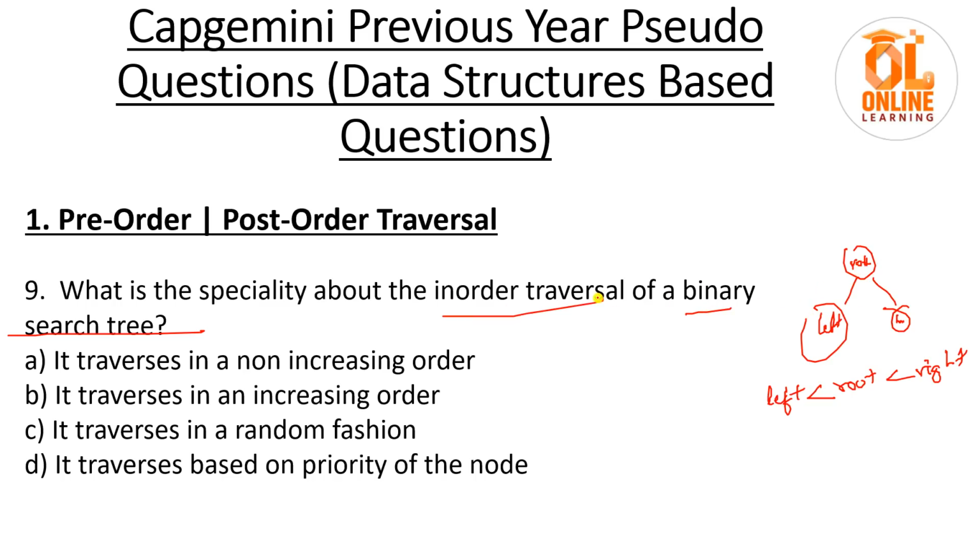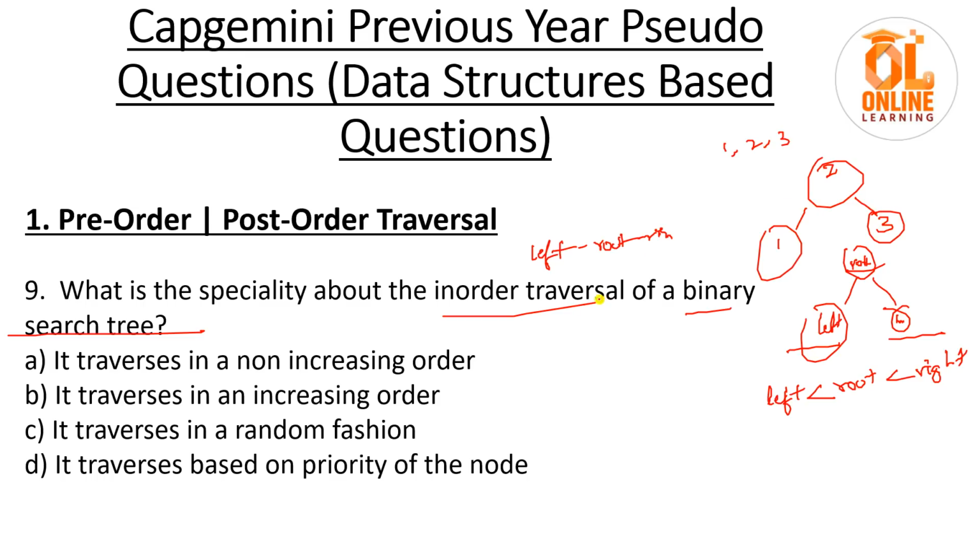And the in-order traversal concept is, in-order means middle, that is left, root, right. So first left will be visited, then root will be visited, and then right. If you take an example like 1, 2, 3, then it will be like 2, 1, 3. The element less than root will be stored left side, the greater one will be stored right side.